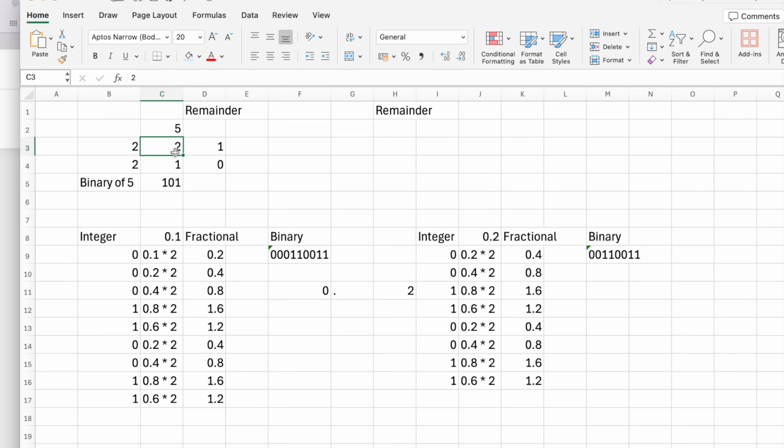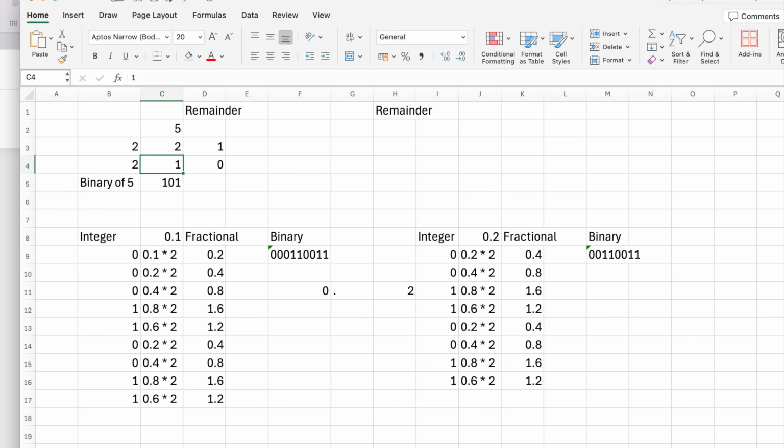Now the quotient is 2. We again divide it by 2, and we are left with remainder 0. So the binary of 5 is 101. We need to keep dividing the number by 2 until we are left with zeros and ones only.